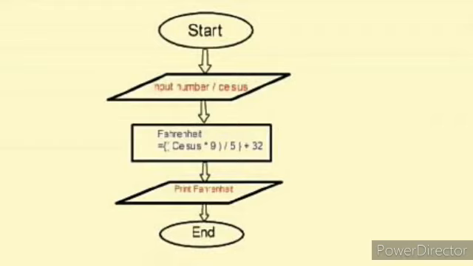And now we have to take input number Celsius. So here we will put it in input output symbol, and in the next step the result would be computed by applying the formula, and the formula is given here.